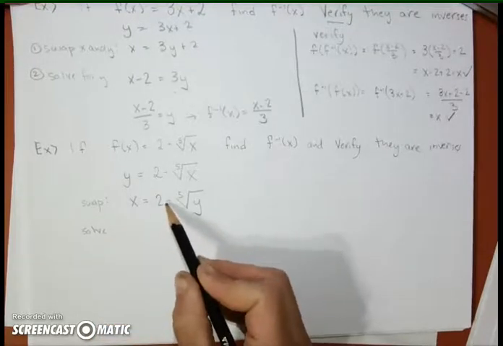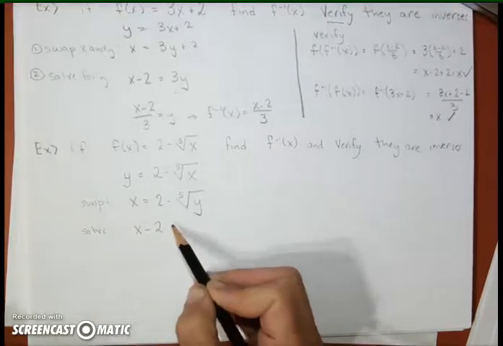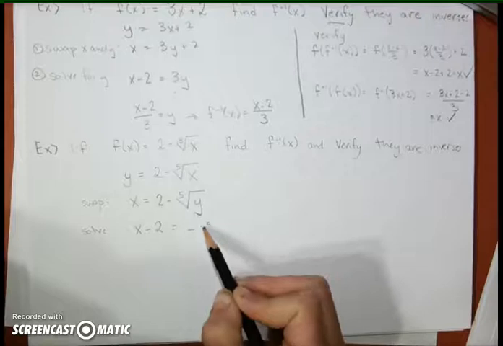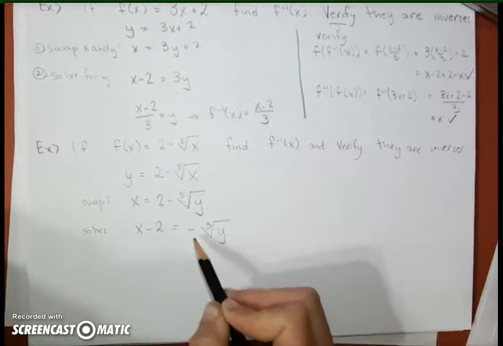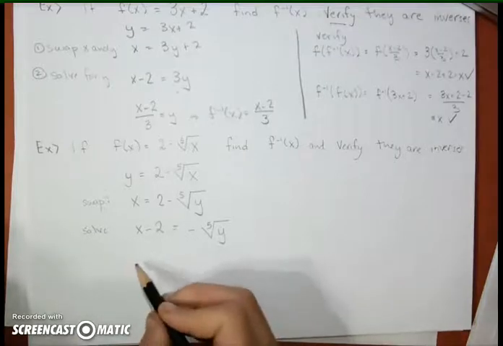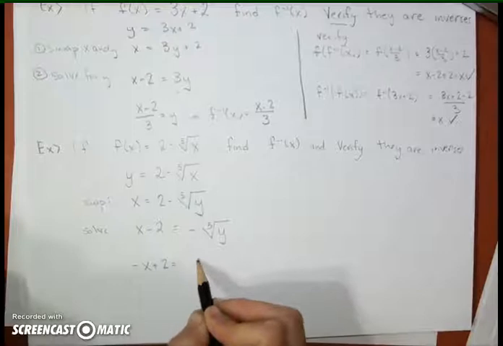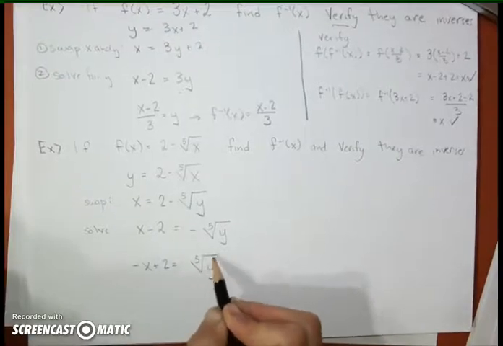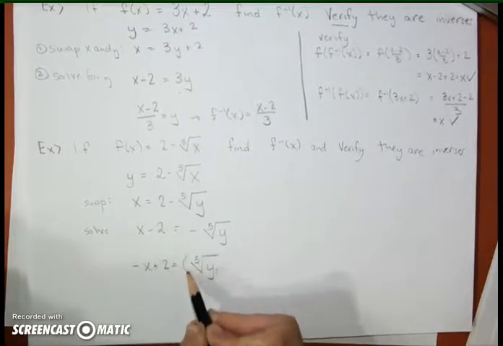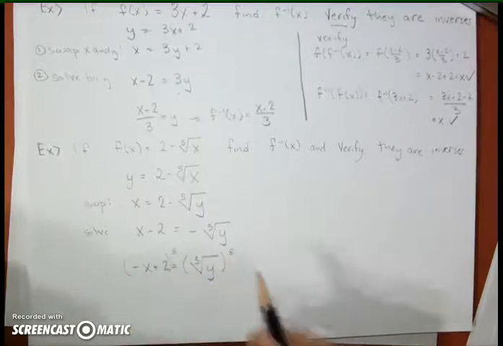Now I'm going to solve for y. So the first thing I need to do is bring this 2 over, end up with x minus 2 equals negative the 5th root of y. I want to undo the negative, so I can multiply both sides by negative 1. Get negative x plus 2 equals the 5th root of y. Now I need to undo the 5th root, so I can raise both sides to the power of 5.